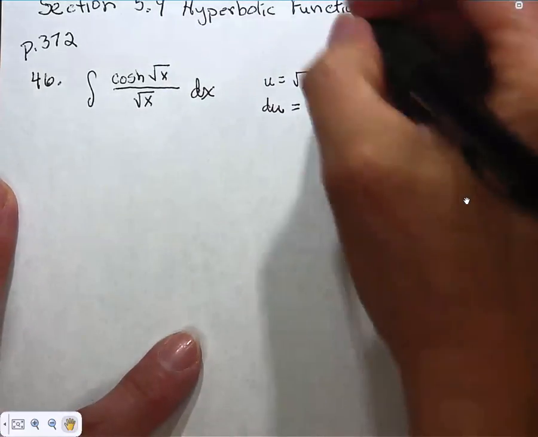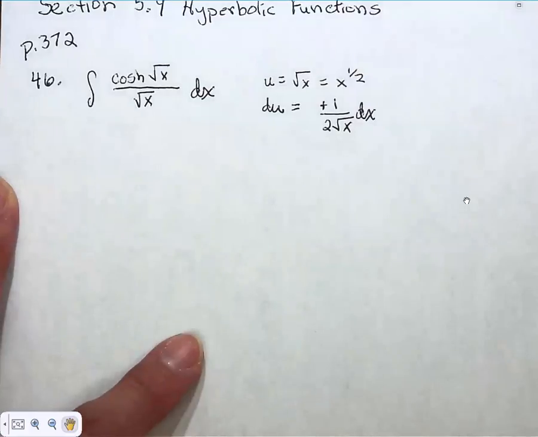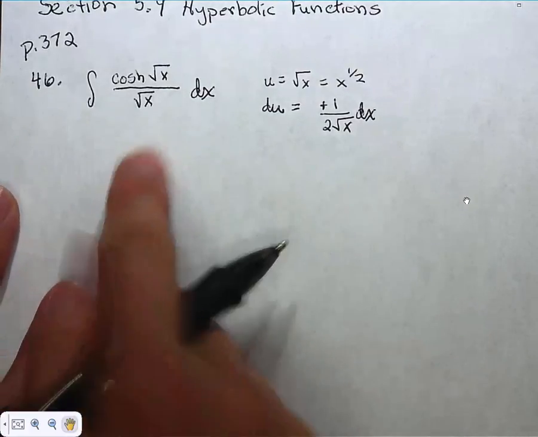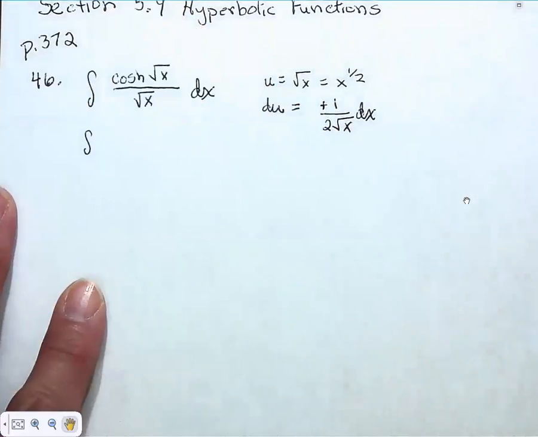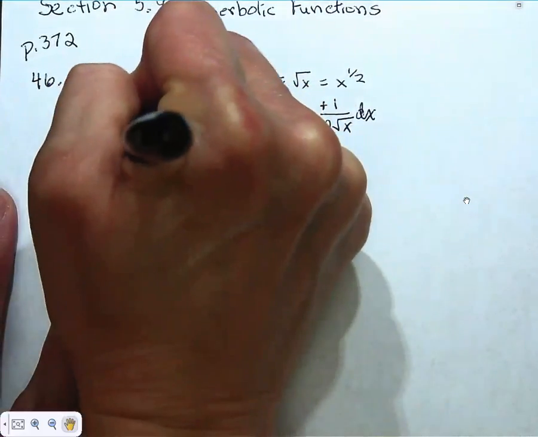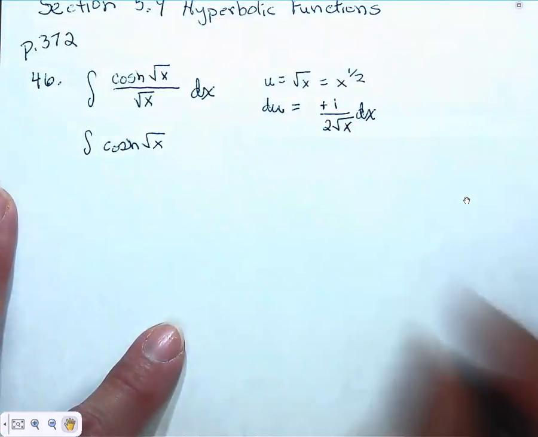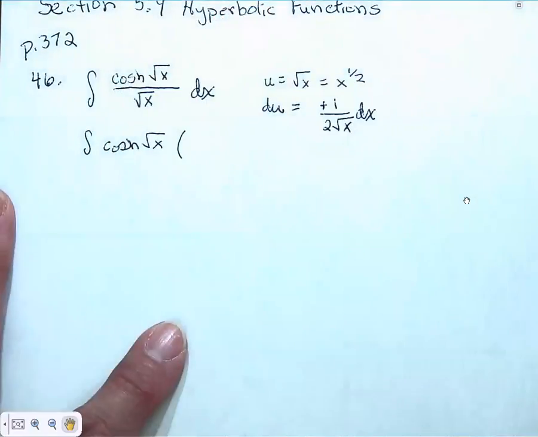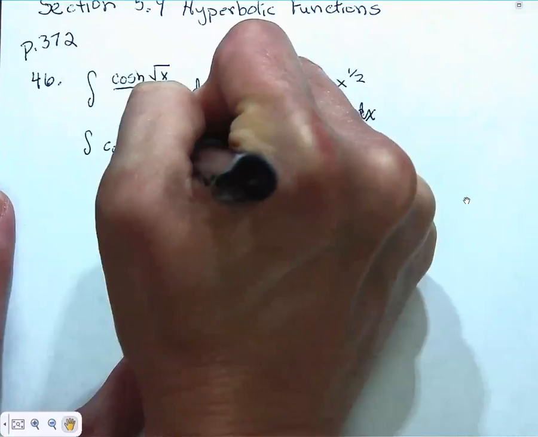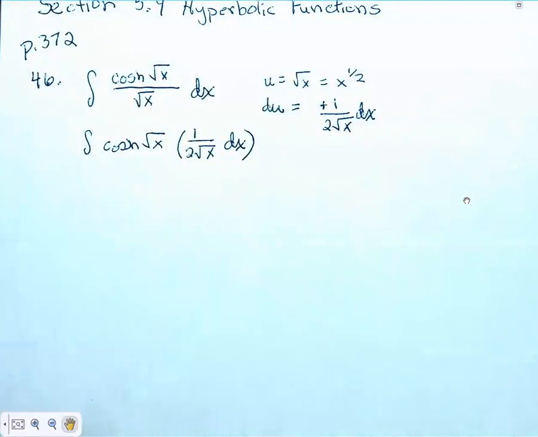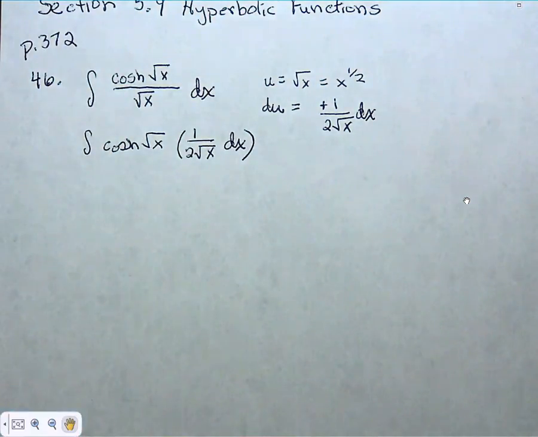All right, so that dx is du. And so can I write that in a form of something I can integrate? I can integrate cosh square root of x as long as I have dx right beside it. That's what I want to have.